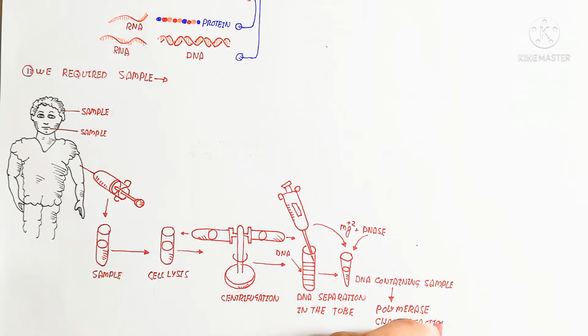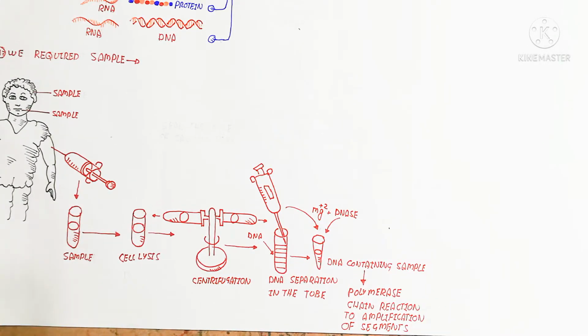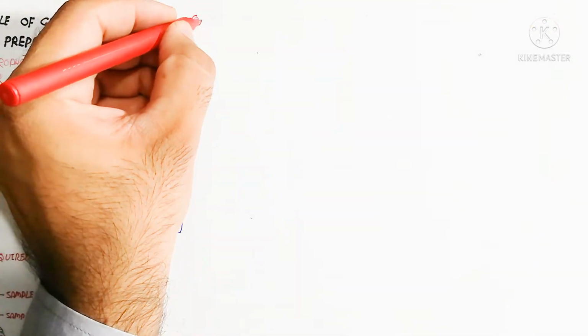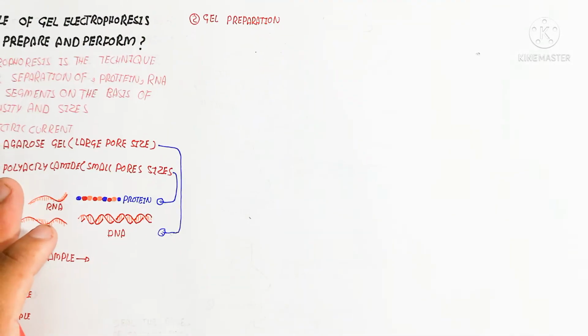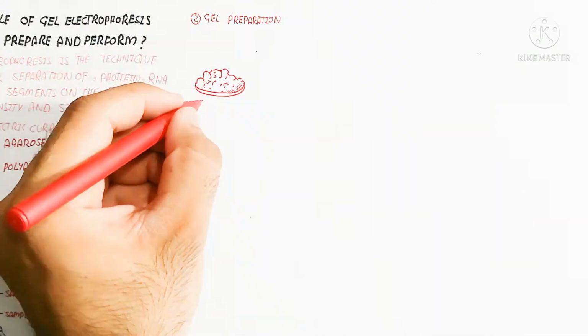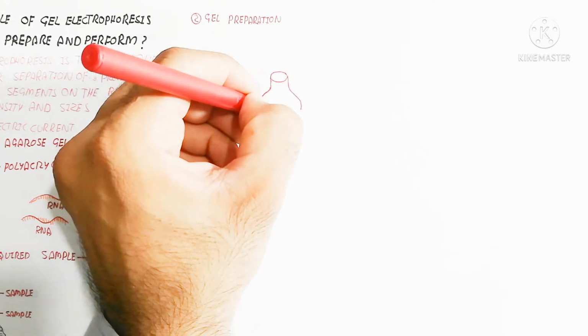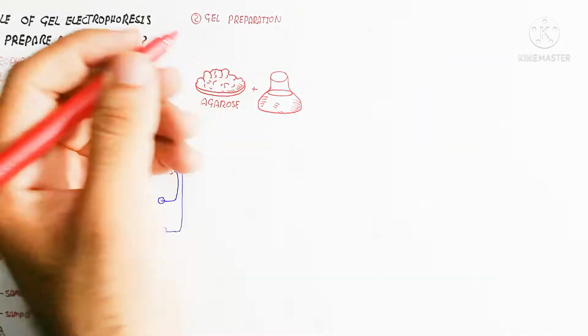After this, we take it into an EP tube, and magnesium is used to bind with the DNA as a cofactor. The DNA-containing sample then goes through polymerase chain reaction to amplify the segments. So we are amplifying. After this, gel preparation.